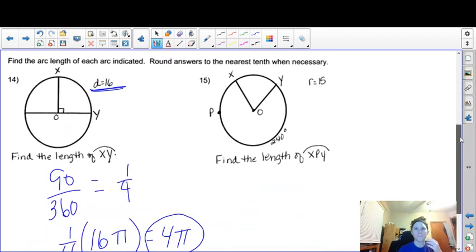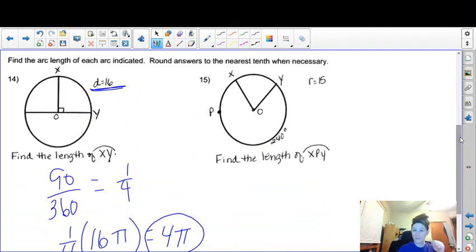All right, number 15. Same idea. We're going to take our degree over 360. And I notice it's asking to find x, p, y. So x to p to y, so it's the bigger arc, and I can see it's denoted by 240. So 240 over 360. And I want to simplify.